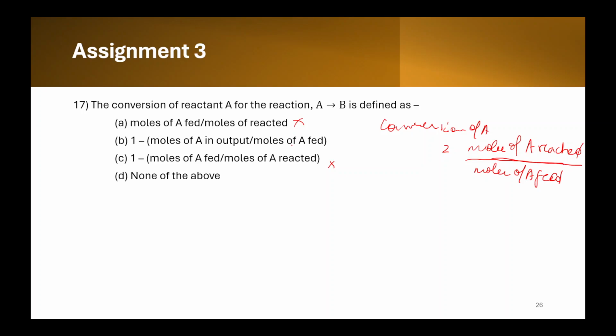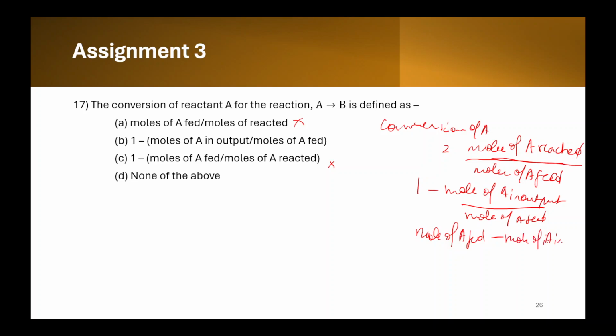This option here we can see 1 minus mole of A in output upon mole of A fed. So this will give us mole of A fed minus mole of A in output upon mole of A fed.